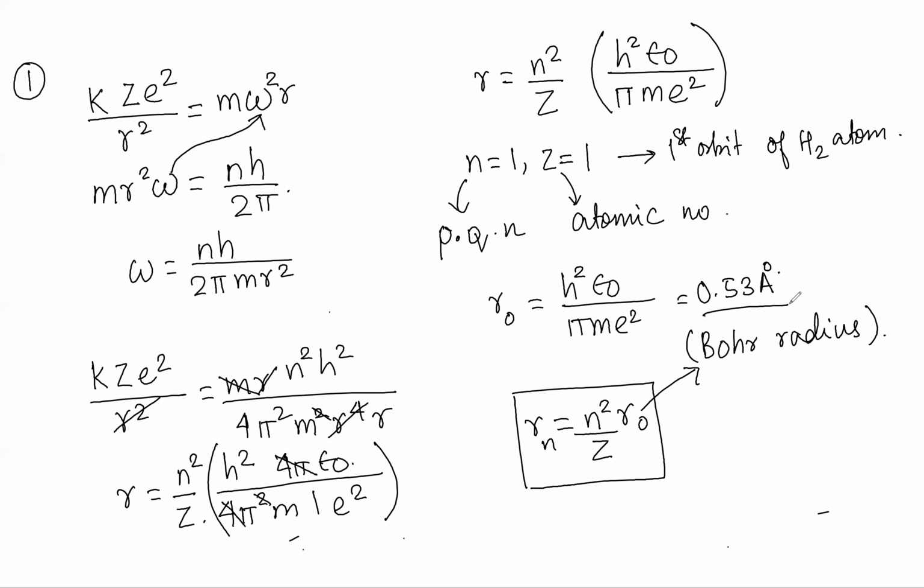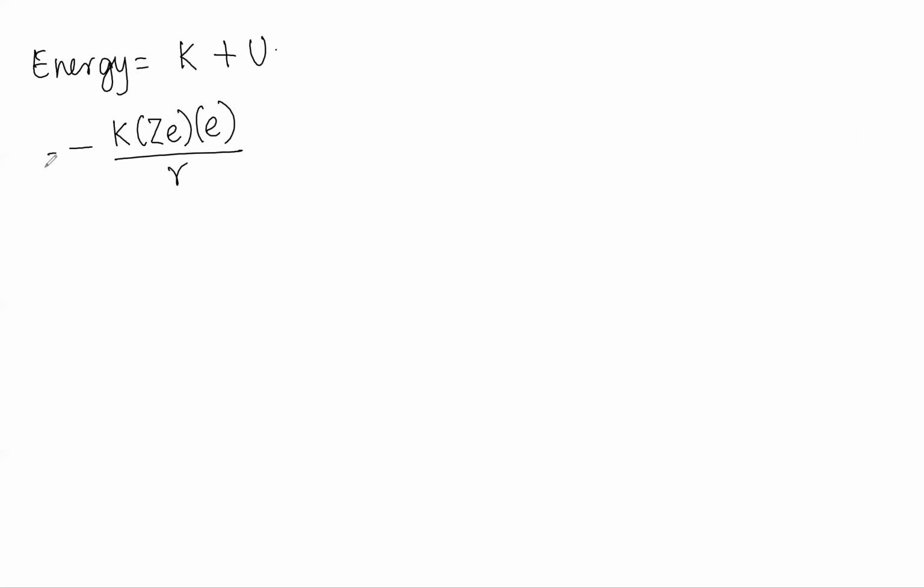That's the first thing. Second thing, what is the energy of an electron? The energy of an electron is obviously the sum total of its kinetic energy and its potential energy. How much will the potential energy be? It is equal to k q1 into q2 divided by r. This is your potential energy. Kinetic energy is equal to half mv square.